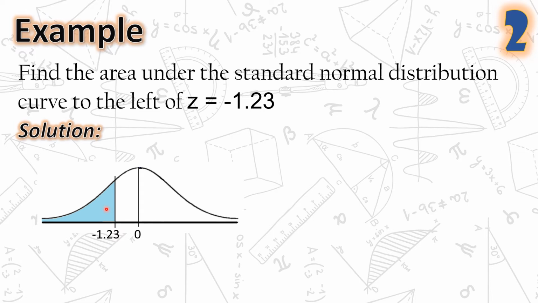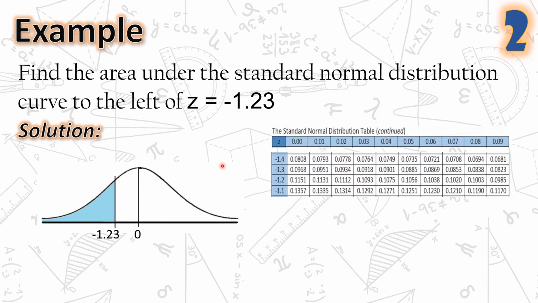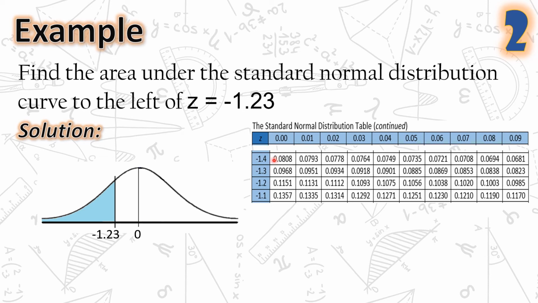So this time we're going to use that part of the table showing negative values for z. On the first column, we look for negative 1.2, since negative 1.23 is negative 1.2 plus negative 0.03.